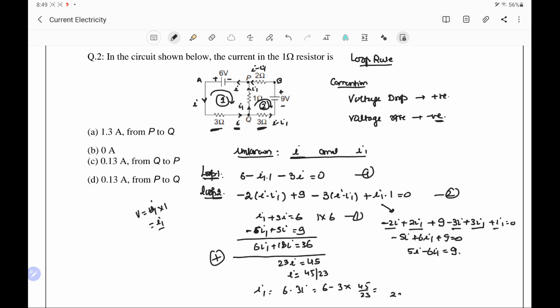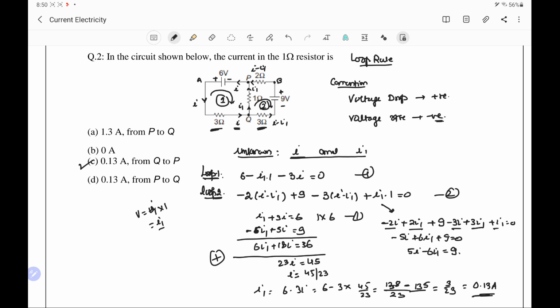Taking 23 as the LCM, on multiplication it becomes 138 minus 135, so it is equal to 3 by 23, which on solving gives 0.13 ampere. The current I1 is a positive value, which means the direction of the current is the same as shown in the figure. Therefore, option C is correct.